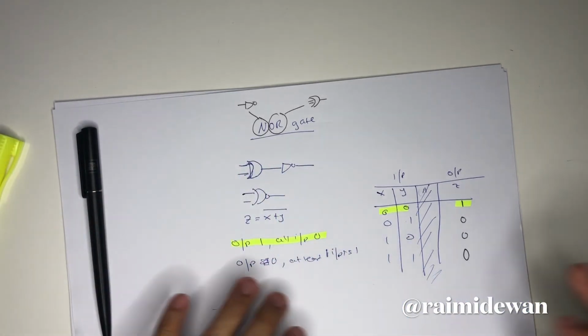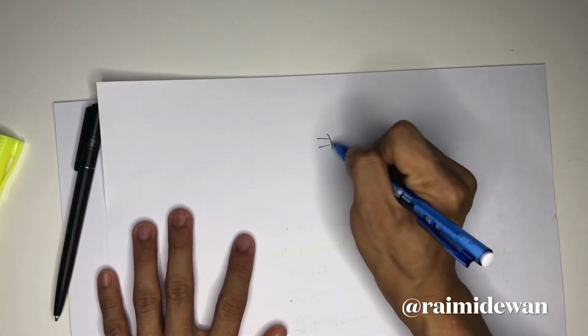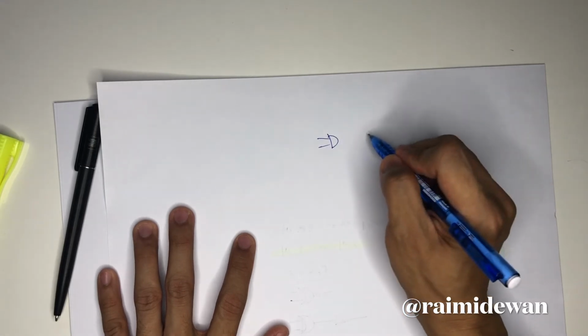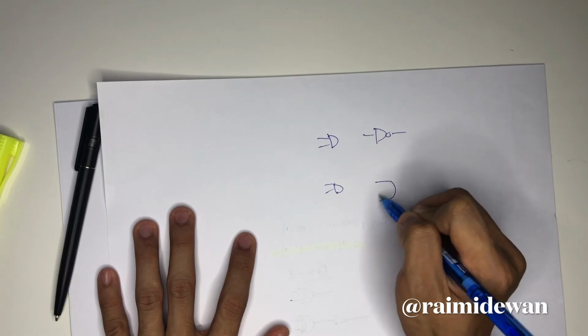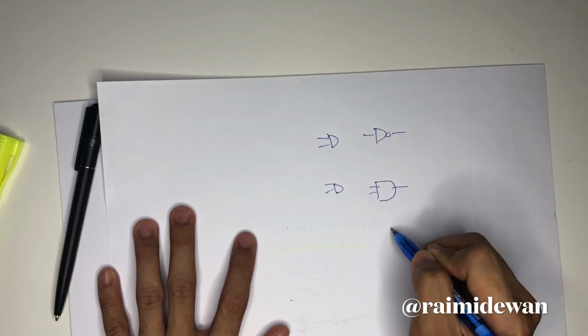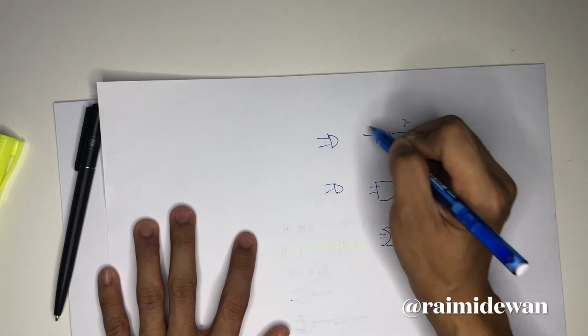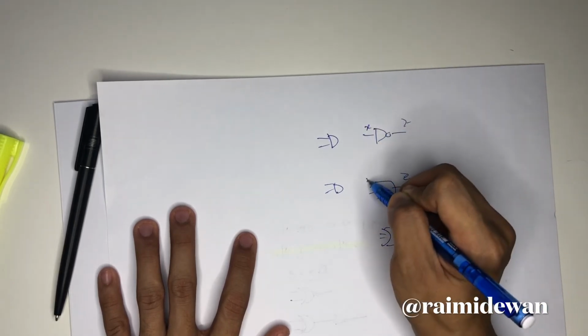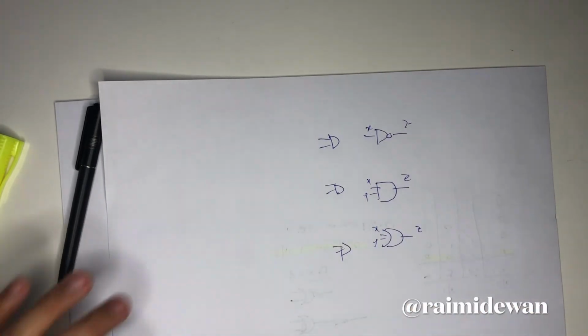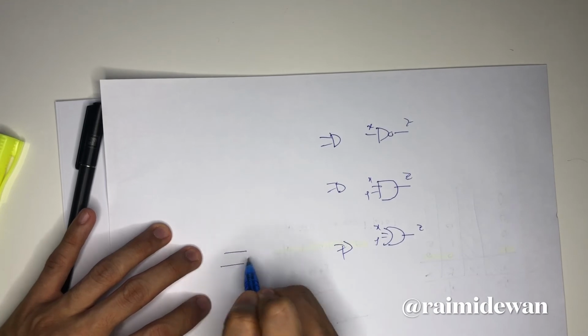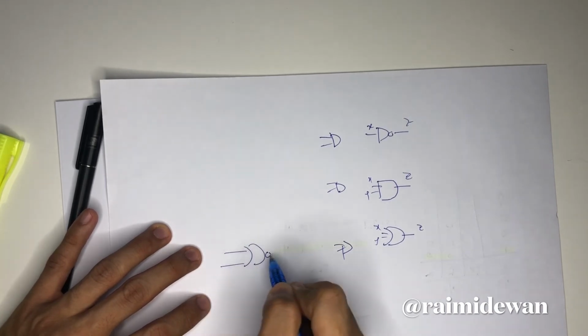Similarly, like the NAND gate, this NOR gate is also a universal gate. You can try yourself. It can be used to produce a NOT gate, to produce an AND gate, and to produce an OR gate. Similarly also, this is your NOR gate.